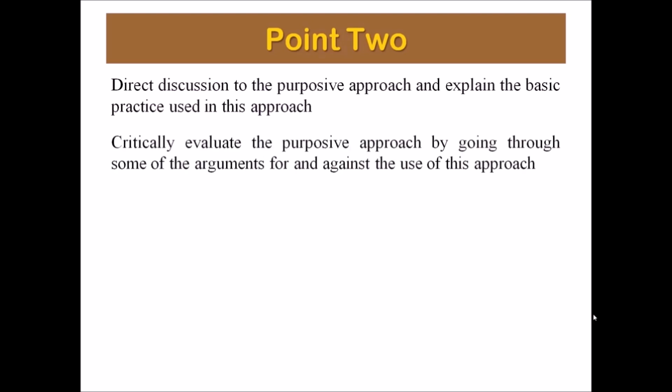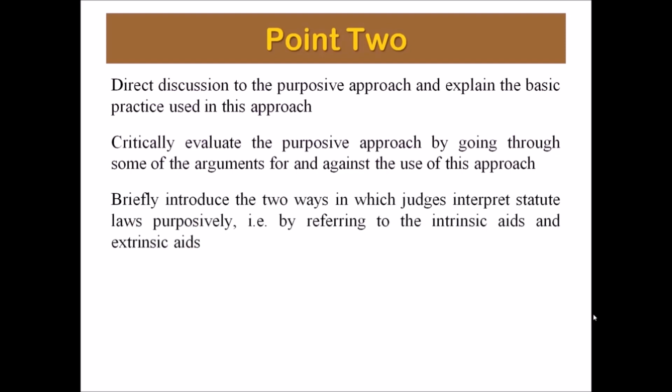This is where we will have to critically evaluate the arguments for and against the purposive approach in the practice of statutory interpretation. To do this, we have to consider the fact that the purposive approach involves judges questioning the intention of Parliament when enacting a particular statute. And with this in mind, we should also endeavor to give our own opinion and comments in a critical manner on whether or not the purposive approach is a good practice or a bad one.